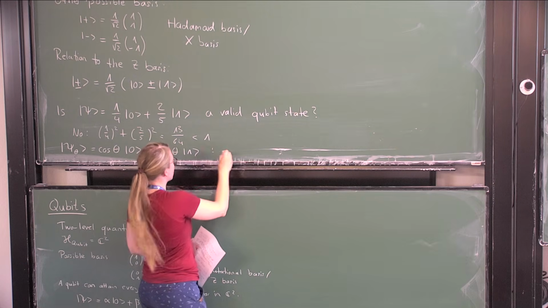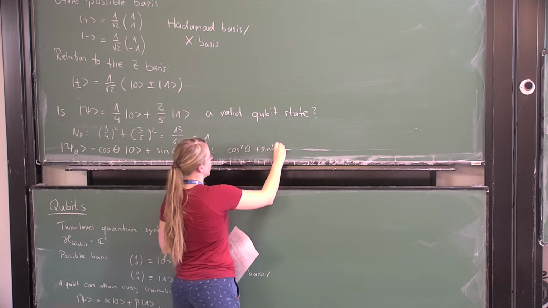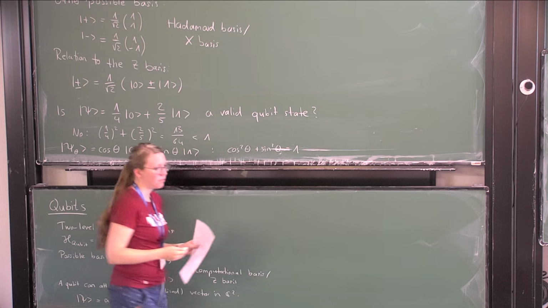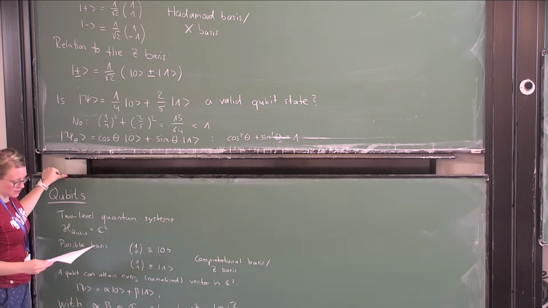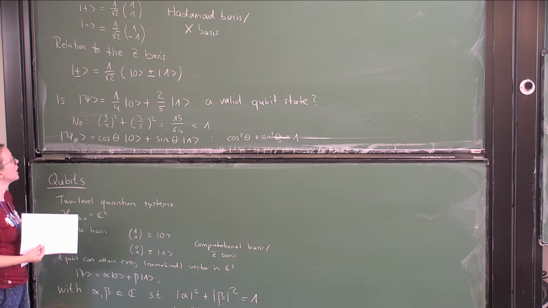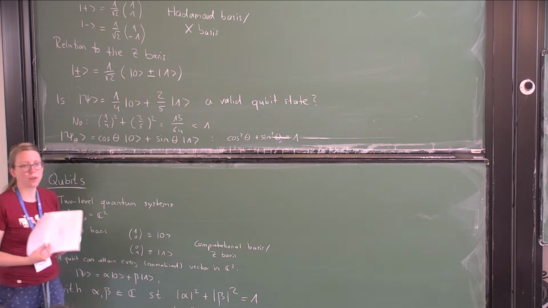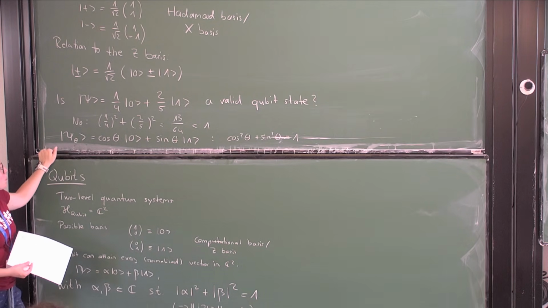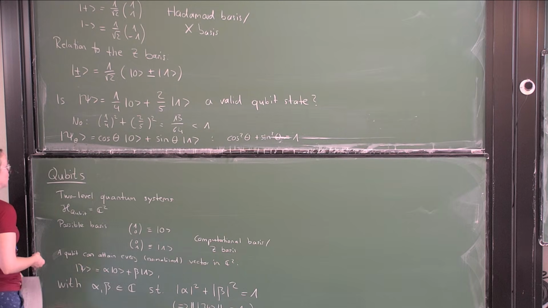You just square this, you get cosine squared theta plus sine squared theta. So this is a valid quantum state for all values of theta. As long as we're talking about these vectors in the qubit space, this is basically the only thing you have to check. So this is what you would call a pure state.